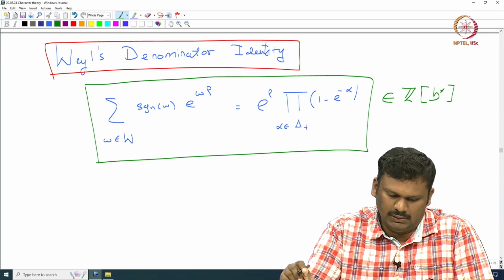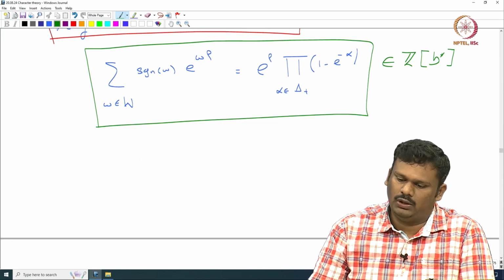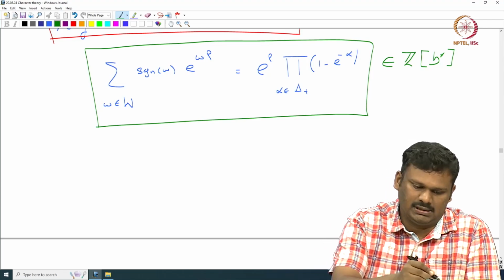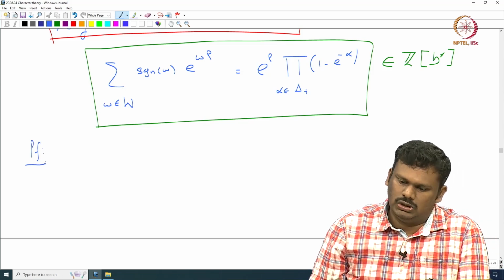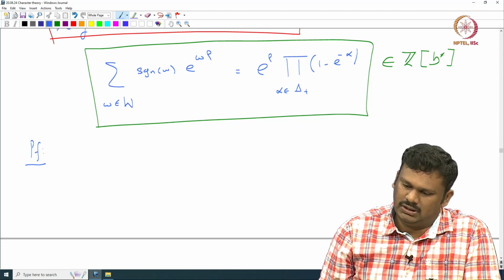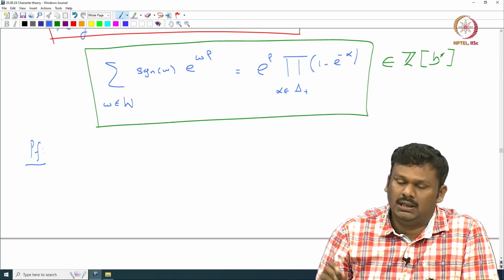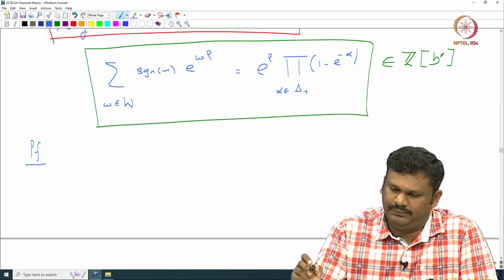Now, how can one prove this? We are going to use the Weyl group action on Z H star. That is the key idea. So here is the proof. First note that we have the natural action of the Weyl group on H star, which is going to give you an action on Z H star.